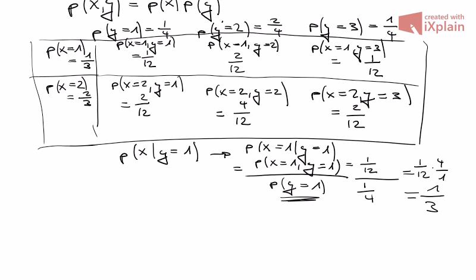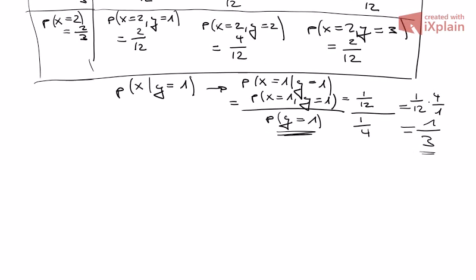But it's the same thing. I mean, we constructed it. So we get 1 over 3 again. And now the other one, of course, is p of x equals 2 given y equals 1. And now we could compute it again, but we already know that because it's a probability distribution, it needs to be 2 over 3.